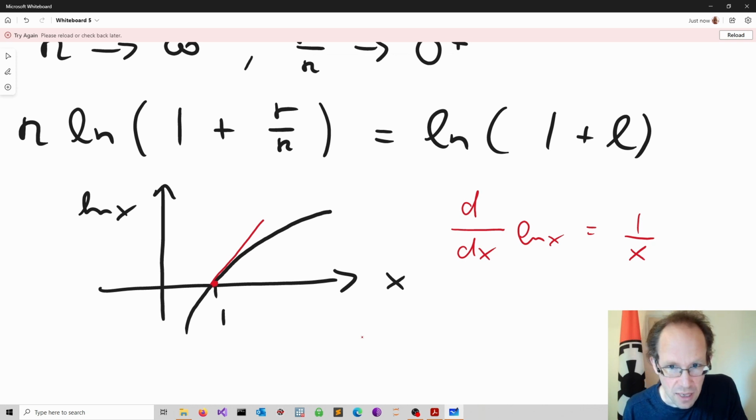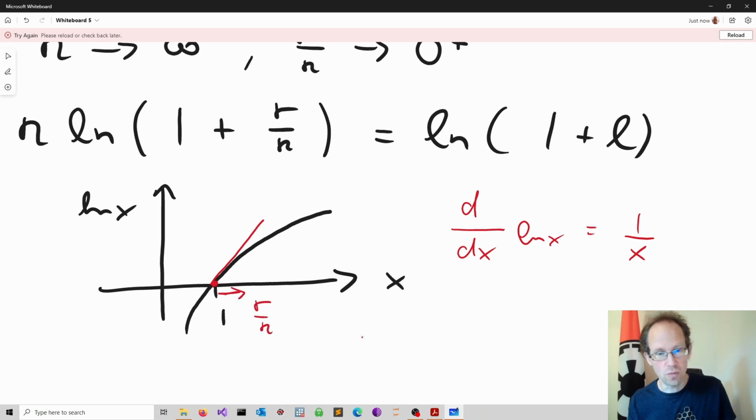So if we start at ln 1, we know that the value at the start is basically 0. Now if we move a tiny bit to the right, the increase in the value of the function is covered by the slope, which is equal to 1 times the change. Put differently, moving a tiny bit by r divided by n, we know that the value we gain is basically r divided by n. So that's a linear approximation.